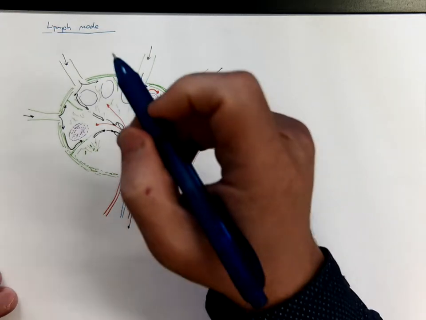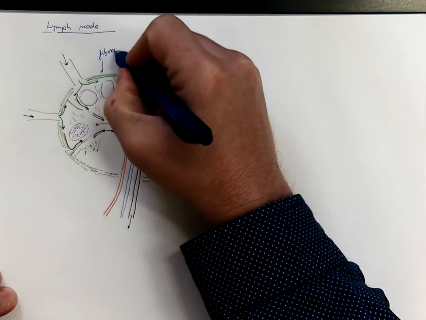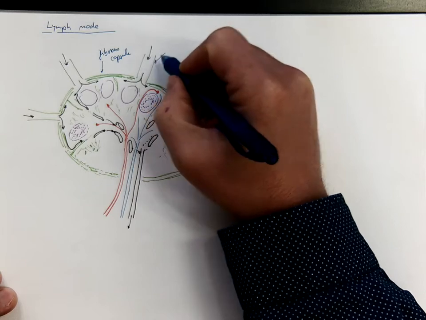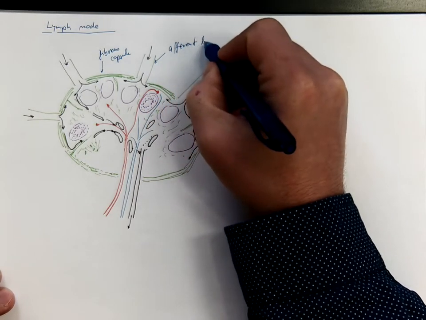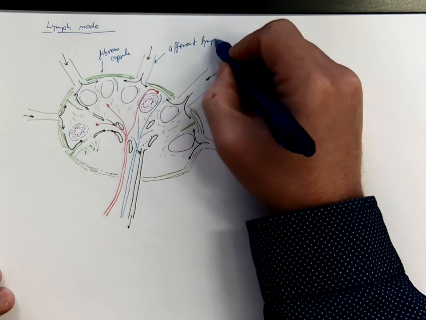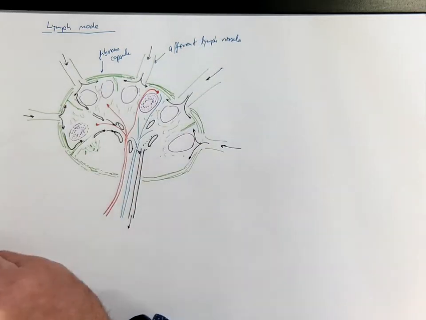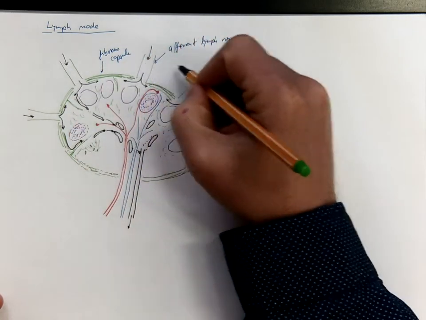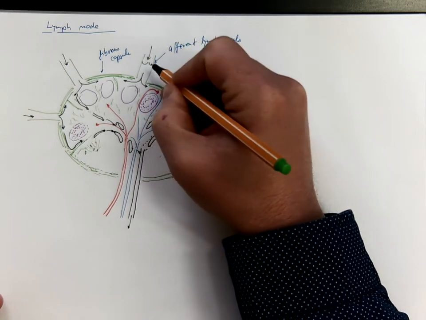So let's label this. We have the fibrous capsule, we have the afferent lymph vessels. They have valves.